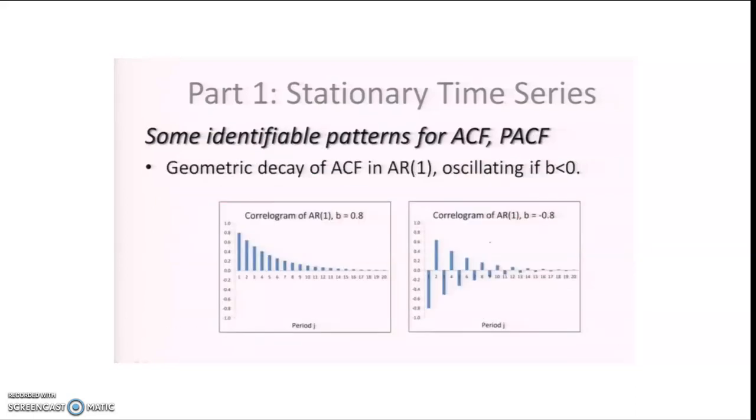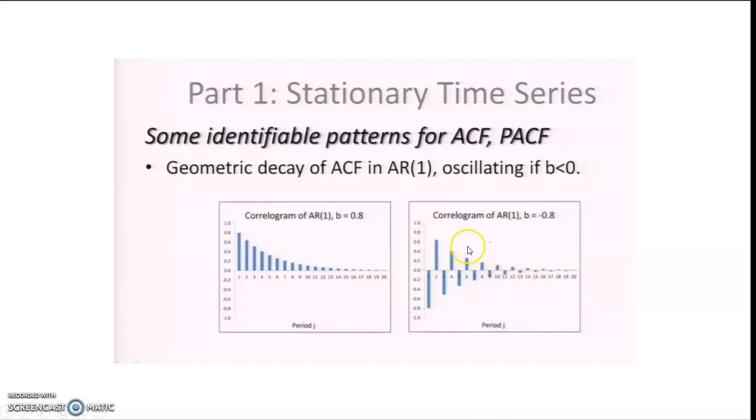There are some identifiable patterns for the autocorrelation and partial autocorrelation function. This is the correlogram of autoregression of order 1 when the coefficient b is equal to 0.8. When this is positive, then there is a geometrical decay in the autocorrelation function like this. If this b is less than 0, then there will be oscillation of autocorrelation from negative to positive, and there is also a geometrical decay like this.